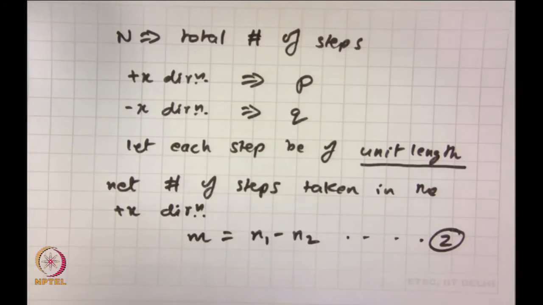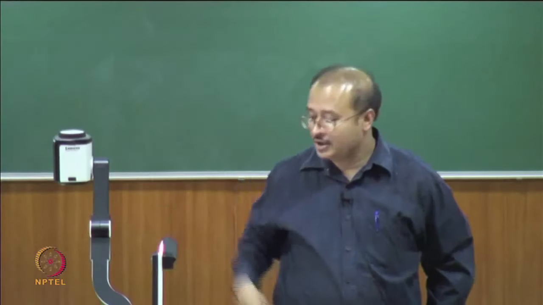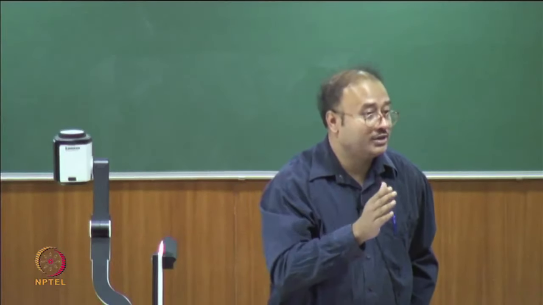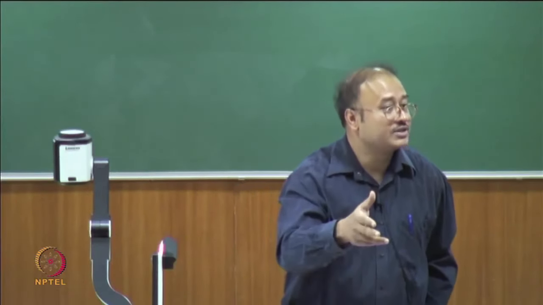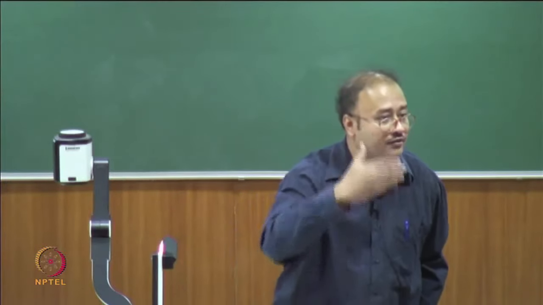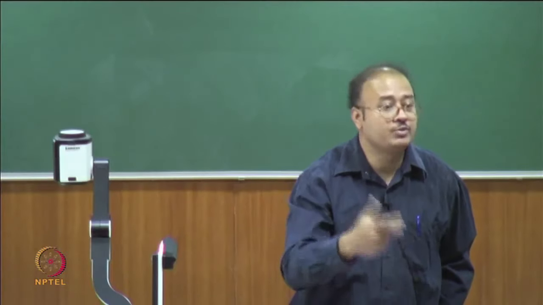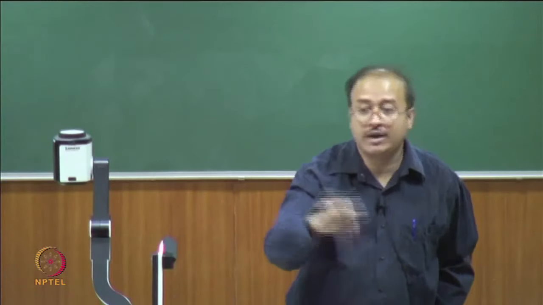Good. Now, think about this. We have just said that the particle moves a displacement of unit length for any particular step. Then if I am going to calculate the net distance moved in the x direction, which is actually x, because when I am doing the probability I have to put in x as a variable, then what would x be equal to? x would be equal to m times L, but L is equal to 1.